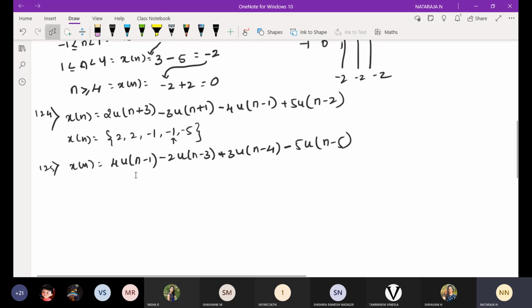See, it will start at n minus 1 is equal to 0, plus 1 to 3 first signal, plus 3 to plus 4, plus 4 to plus 5, greater than 5.